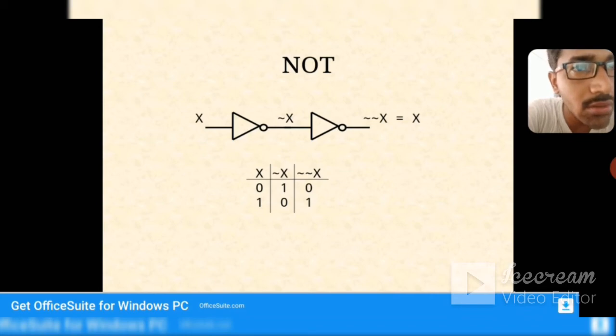You can see in the table, for the first case 0 gives 1 and 1 gives 0. In the second case, NOT X converted to NOT of NOT X, then the 1 gets 0 and the 0 gets 1. If we compare the first input and the last output, 0 becomes 0 and 1 becomes 1. So after application of two consecutive inverters, the input remains the same.